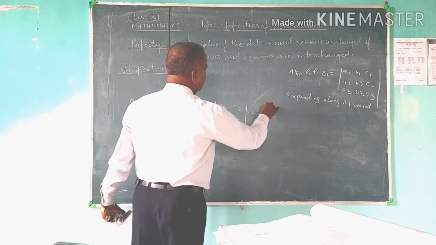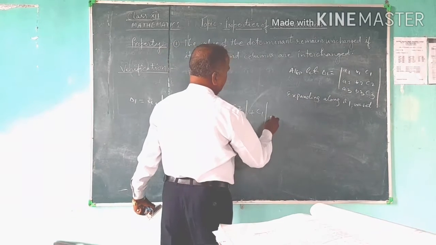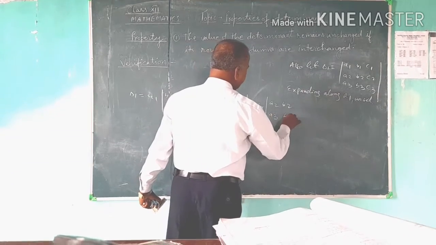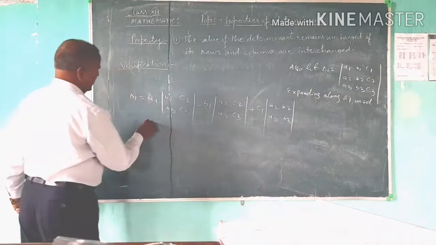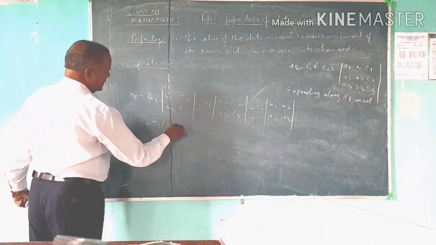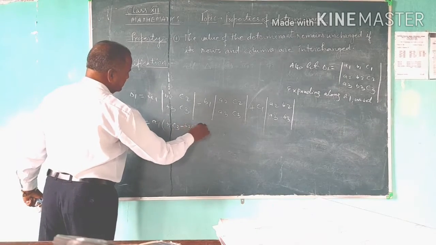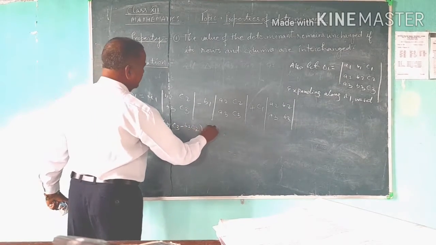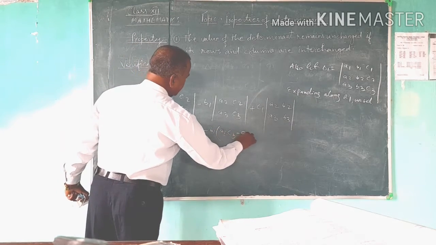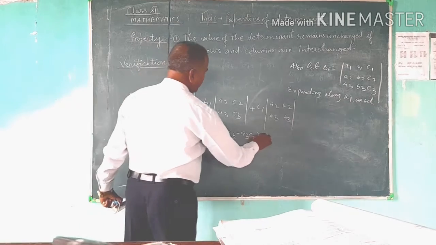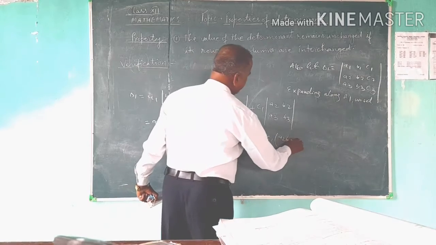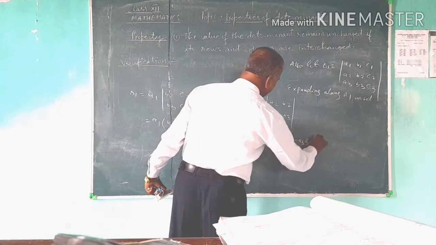and plus C1 times (A2, B2, A3, B3). So after simplification we get A1(B2 C3 minus B3 C2) minus B1(A2 C3 minus A3 C2) plus C1(A2 B3 minus A3 B2).